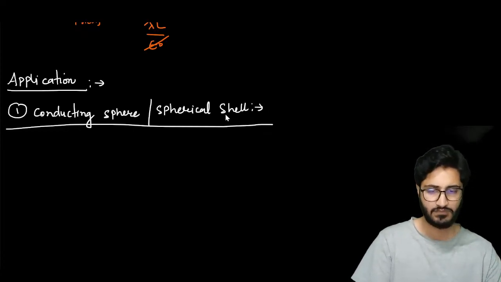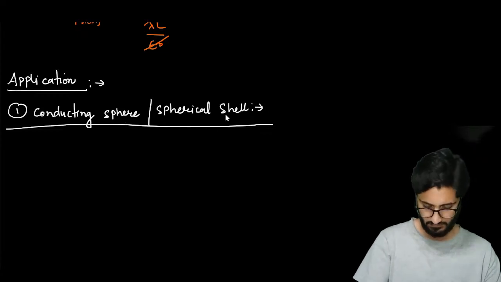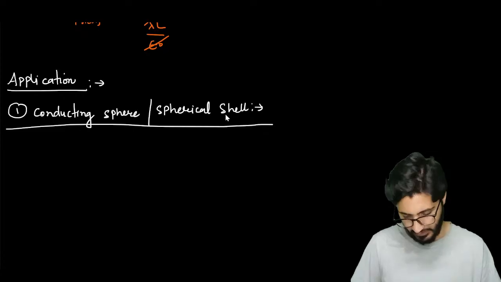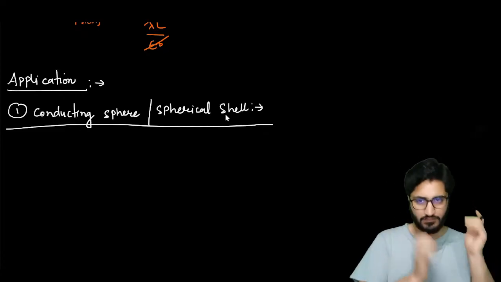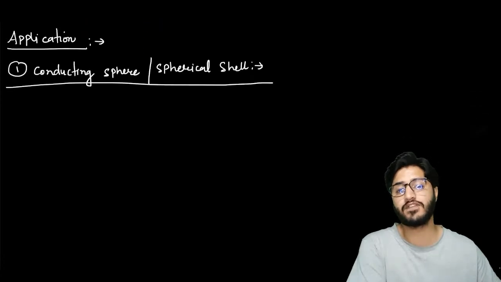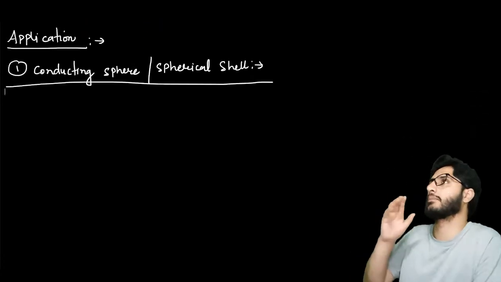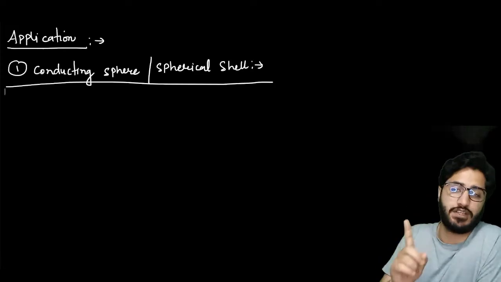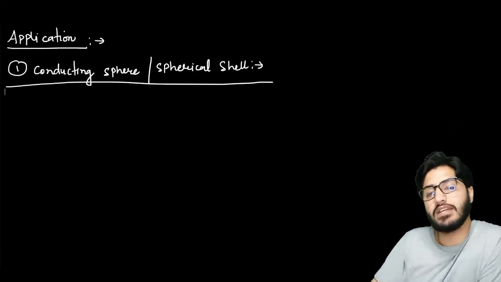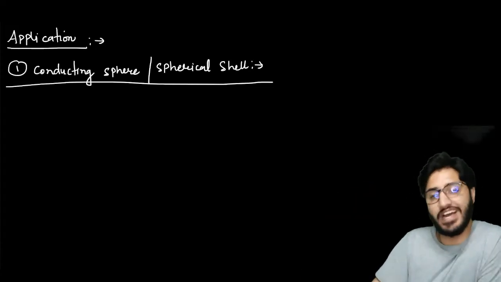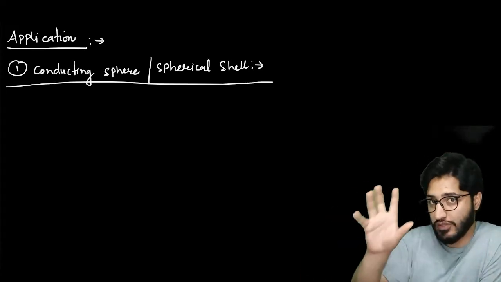Done? Look how we can do it. Now, conducting sphere. I guess if you have watched my first lecture of electrostatics, there we defined the last property of charges, charge distribution.